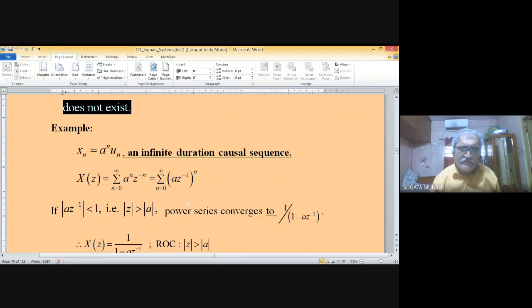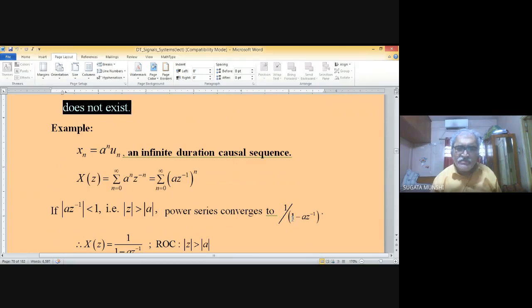And under what condition will it converge? It will converge if magnitude of z is greater than magnitude of a. Then this power series representing the Z transform will converge to 1 by 1 minus a z to the power minus 1. That is the Z transform of the infinite duration causal sequence, and it will have a finite value for magnitude of z greater than magnitude of a.